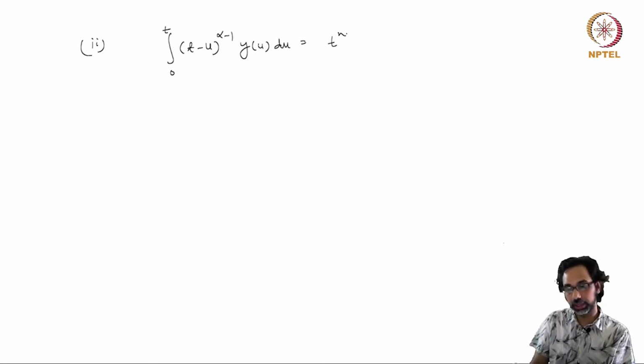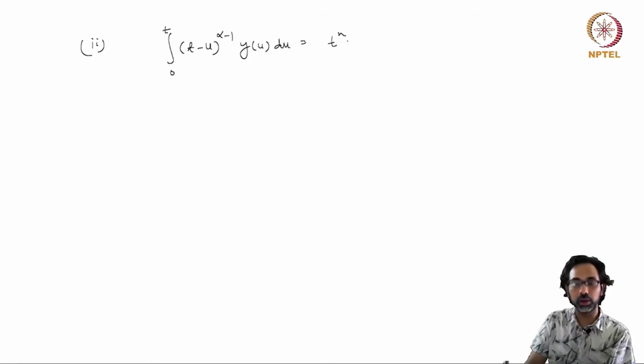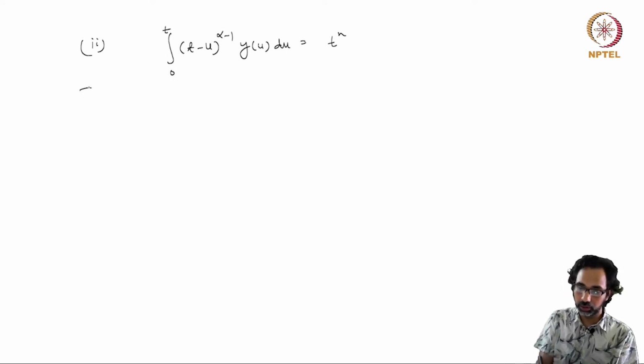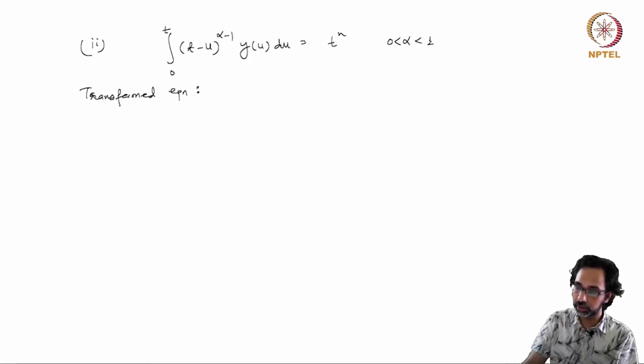This is a little different from our previous form, because there is no y(t) on the right hand side, but still this is an integral equation that we can solve. So take the transformed equation. Here alpha is a number between 0 and 1. This is a convolution of t to the power alpha minus 1 and y.